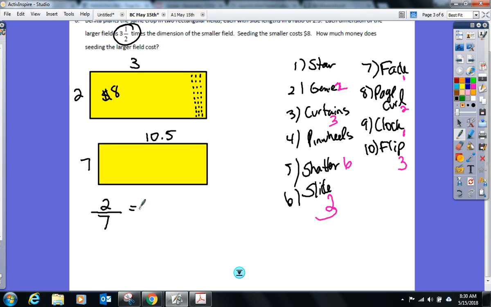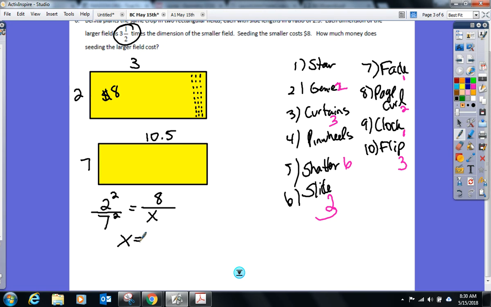How much does it cost to do the smaller field? $8, and I'm looking for how much it costs. Why is this ratio incorrect? I got to square what? The 2 and the 7, my similarity ratio, yep. And you'll start seeing it's a little bit more than just multiplying 8 by 3.5.